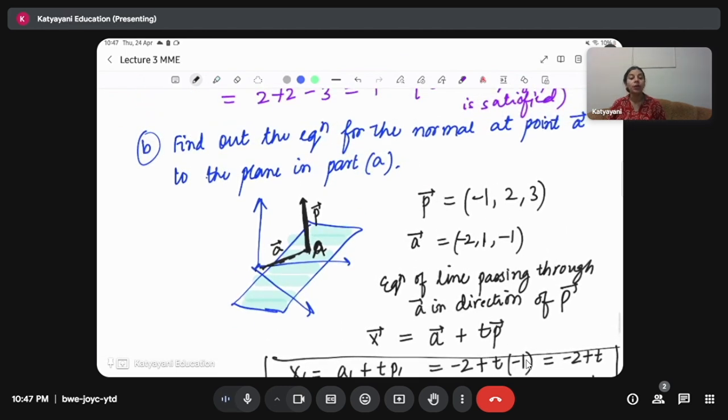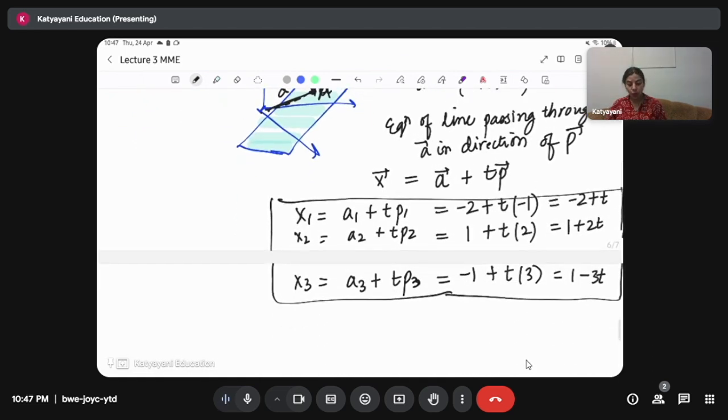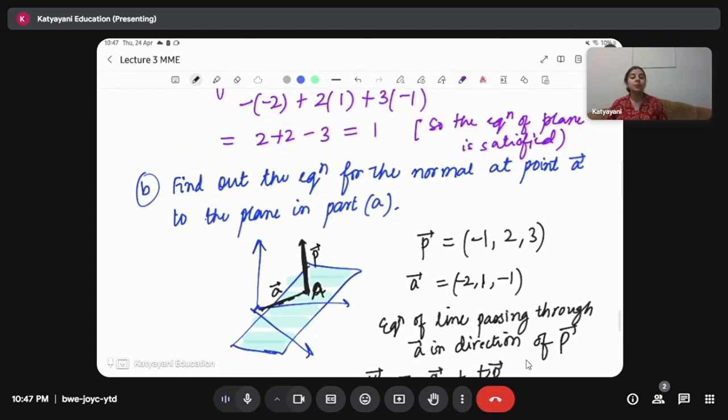So this is what the question asked: find the equation for the normal at point A to the plane in part A. This is how you will do such questions. I hope you can visualize what a plane is and what a line is. We have increased our scope. Earlier we were operating in two-dimensional space, but now we have come to three-dimensional space, and we can generalize these results to 4, 5, and up to n dimensions.